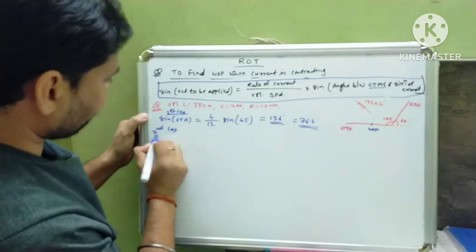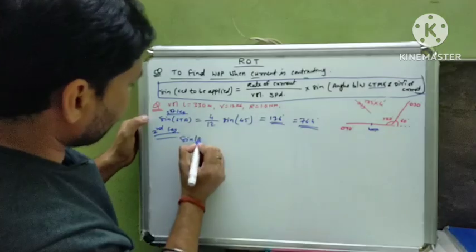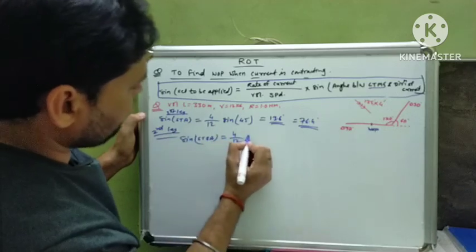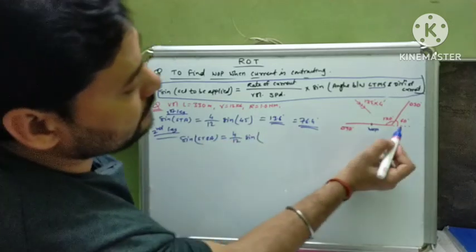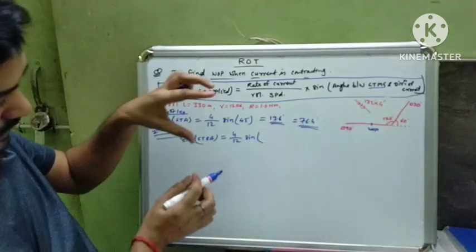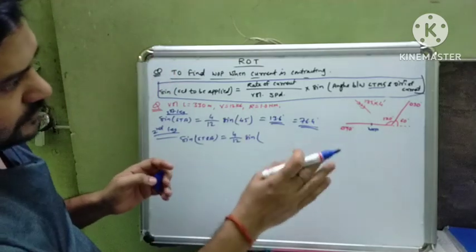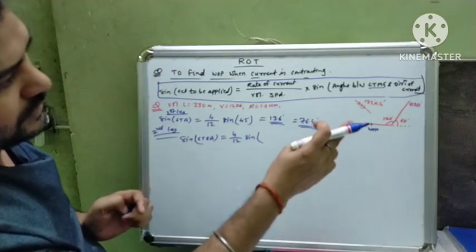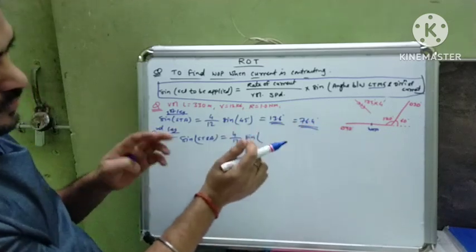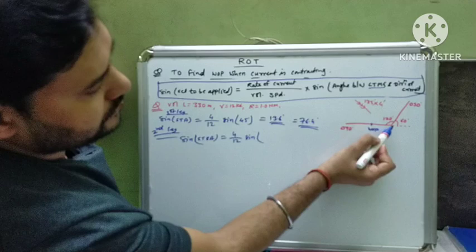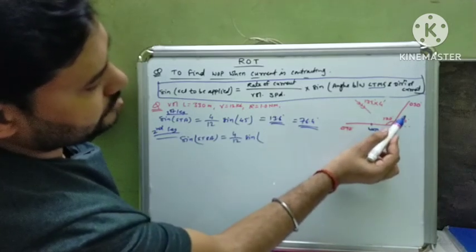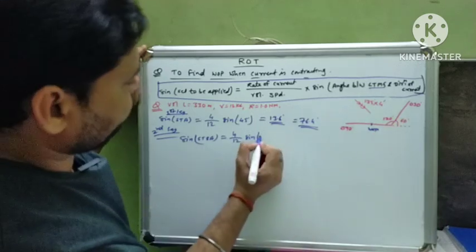Now for the second leg, again sine of set to be applied equals 4 divided by 12 into sine of the angle between the second course and the current. The current is 135 and the course is 030, so the angle between both will become 105 degree.